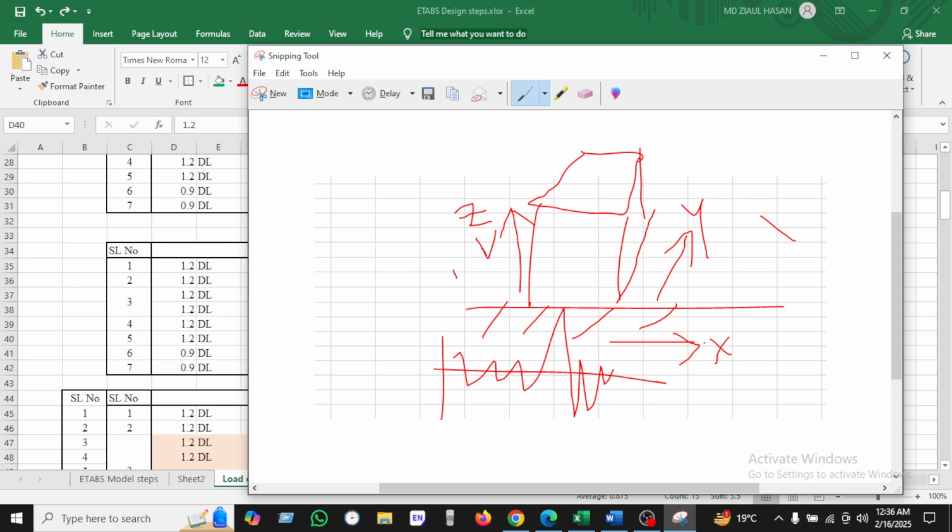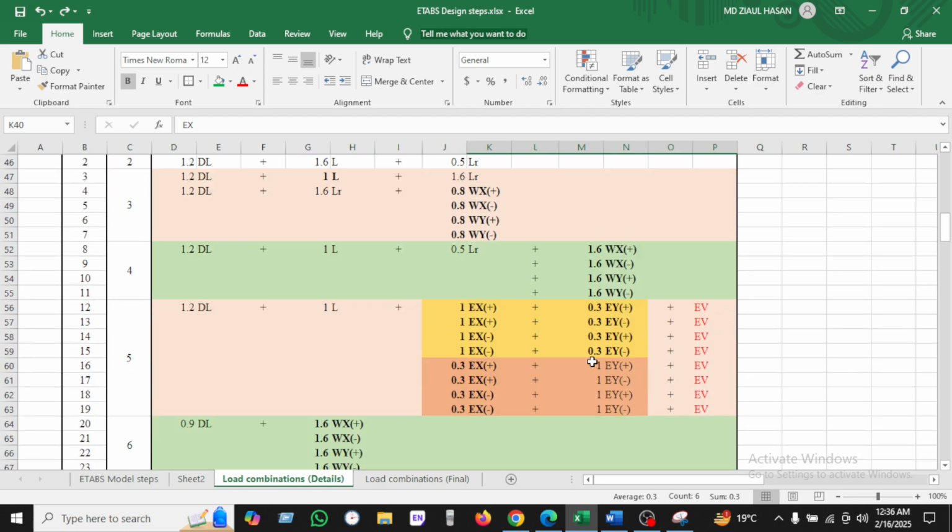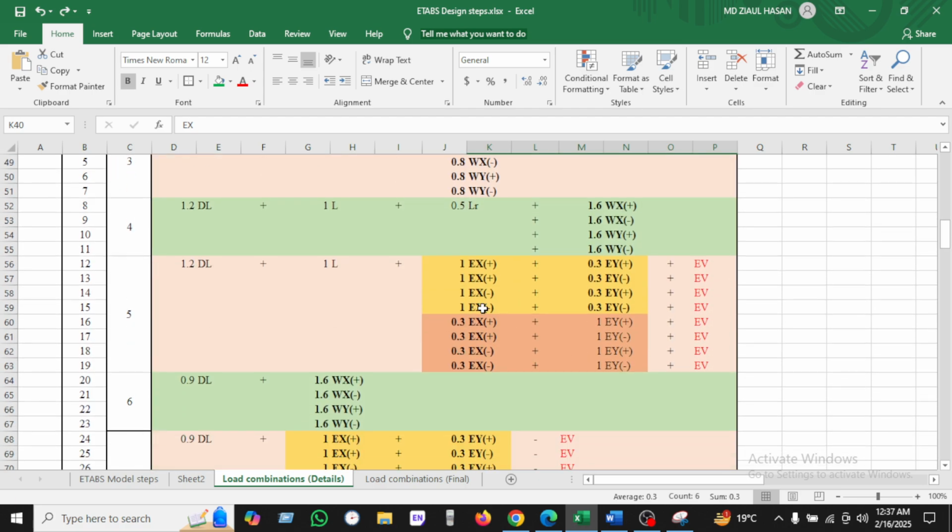So two horizontal directions and one vertical direction. That's why in this earthquake we have divided three zones. So let's see how we'll get this. We've been seeing the earthquake is divided into x, y, and vertical. So how will we get this?